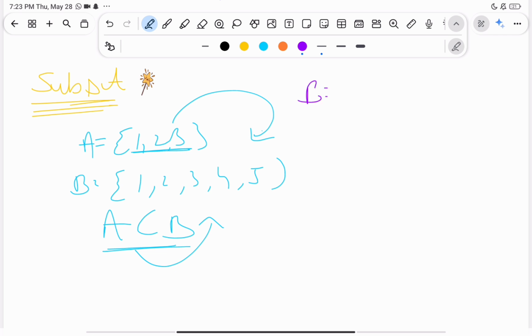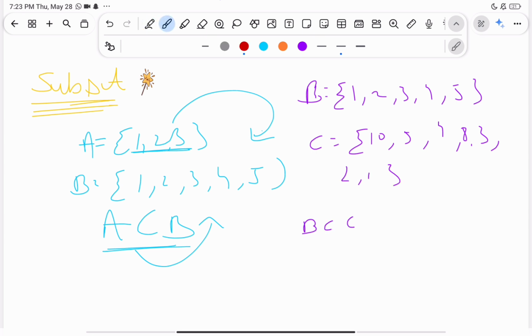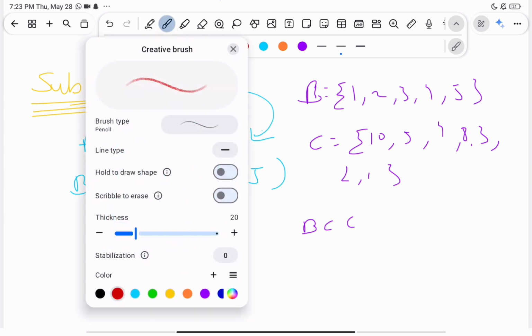If B is equal to, again the same, {1, 2, 3, 4, 5} and C is equal to {10, 5, 4, 6, 8, 3, 2, 1}. Again B is a subset of C because all the elements in B are present in C.